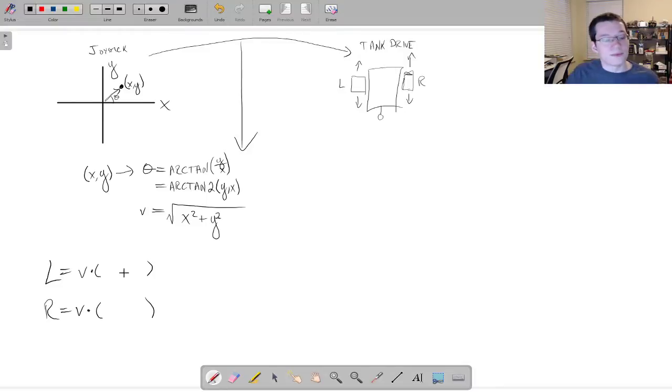And the last bit, we know left and right should behave similarly, but when the angle changes, or when we're trying to go right or left, we want one to behave opposite of the other. So one of these will probably have a plus, and one of these will have a minus. And I don't know if I put those in the correct places yet, but we'll get there.